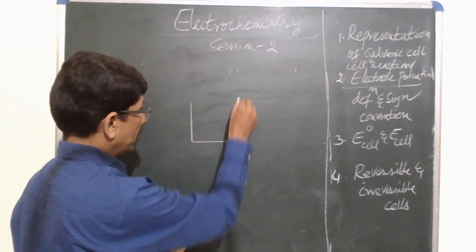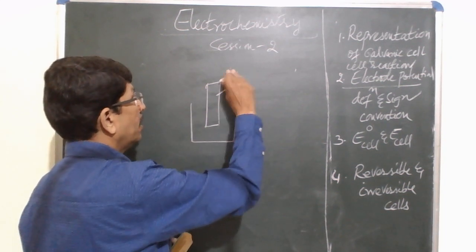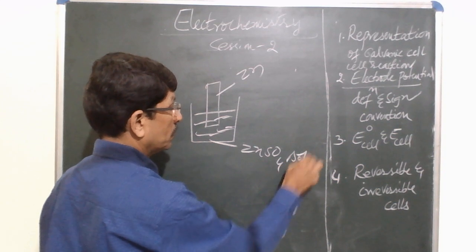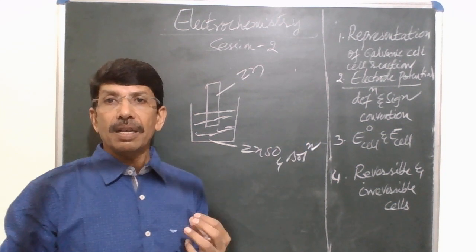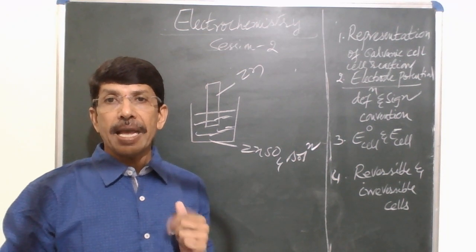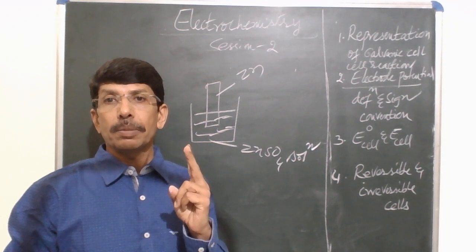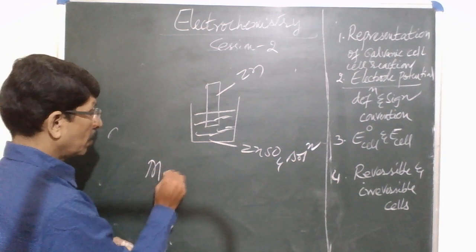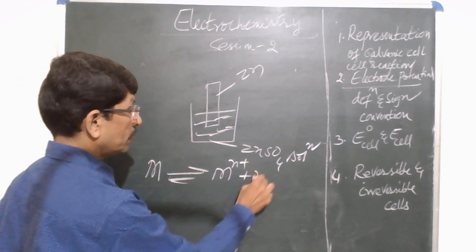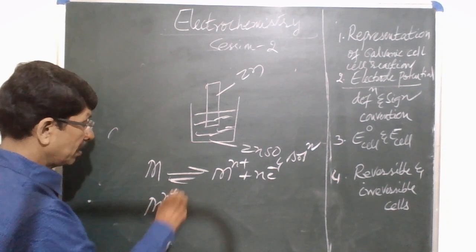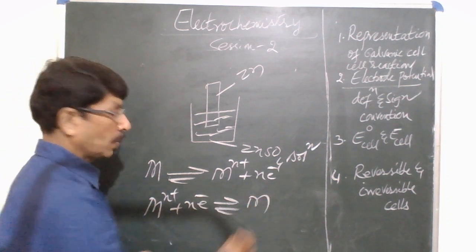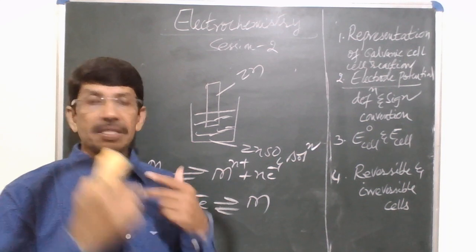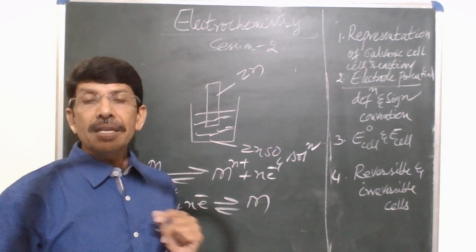Whenever we place a zinc electrode into zinc sulfate solution, or any metal rod into a solution of its own ions, there are two tendencies. The metal can undergo oxidation, or the metal ions can undergo reduction. These two processes are competing.